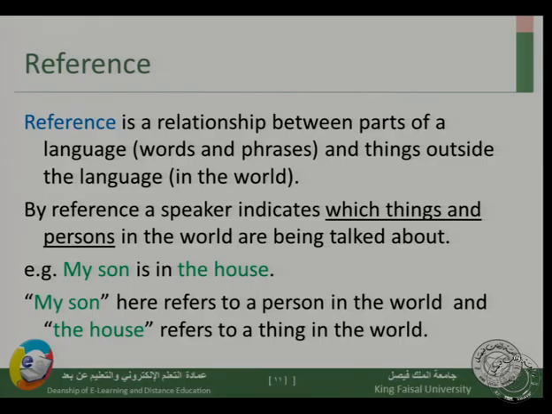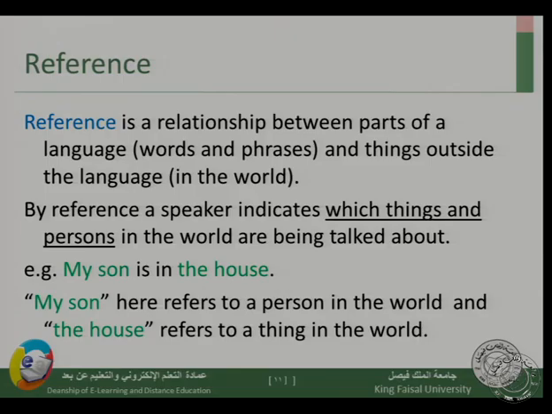So what is reference? As usual, a definition is very helpful to give at the beginning. Reference is a relationship between parts of the language. So we have the language, which is words, phrases, sentences, and things outside the language. So outside the words, outside the sentences, outside the phrases. They exist in the outside world.